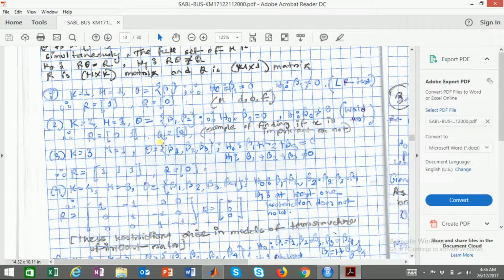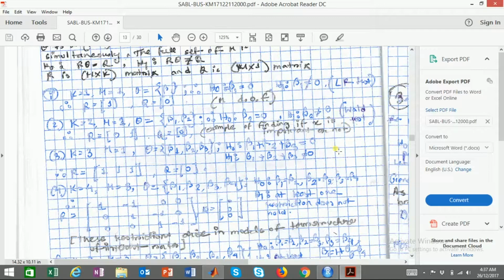Now in the third case, where there are three variables, k equals 3, there are three parameters to estimate, and just one linear hypothesis. The parameters are beta 1, beta 2 and beta 3, where null is, when you add them up together, equal to 0, alternative is not equal to 0.